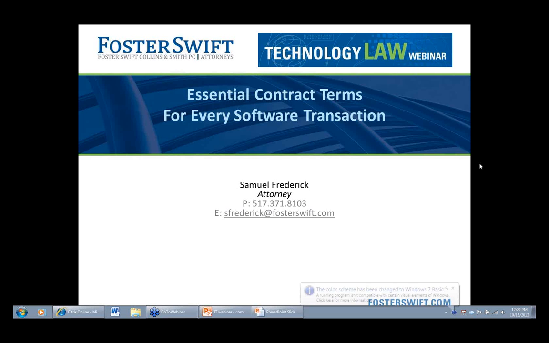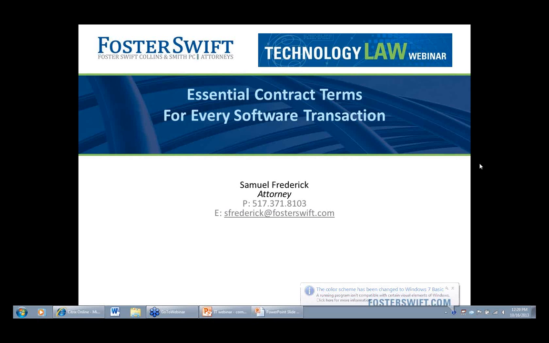Yeah, the essential terms that you frequently see in any kind of contract are going to be the scope of the license or the grant of the license, the term and termination, the warranties, the indemnity, the ownership, prices, and my colleague Nick tells me to talk about the taxes, but then also the data retrieval or transfer.